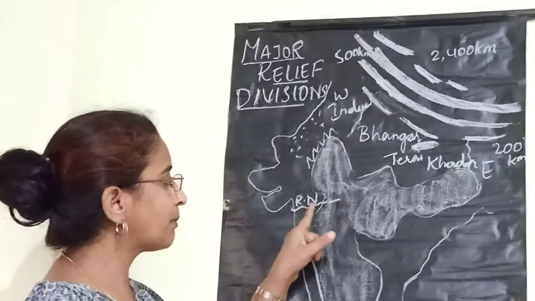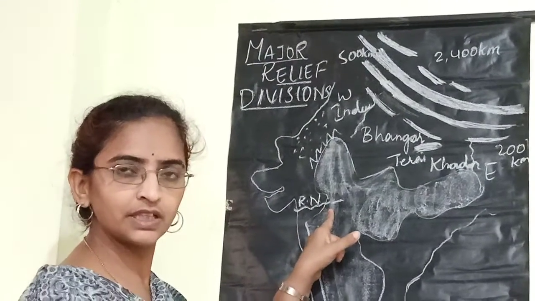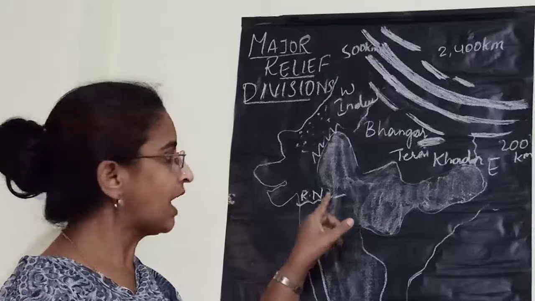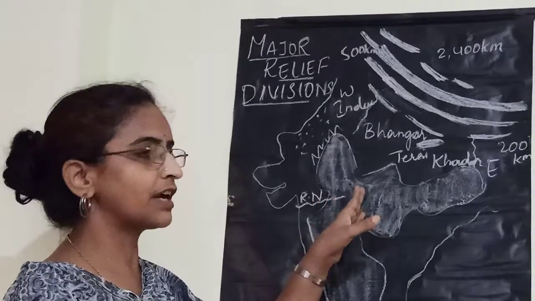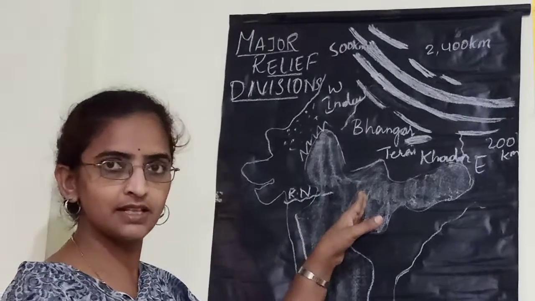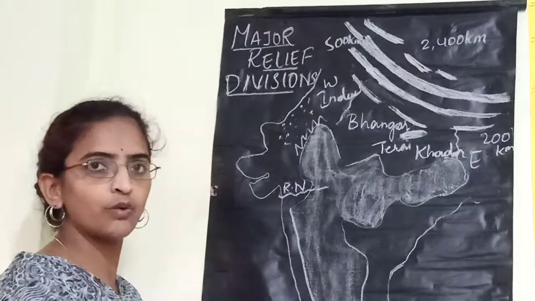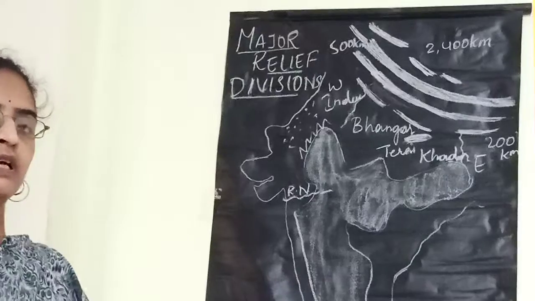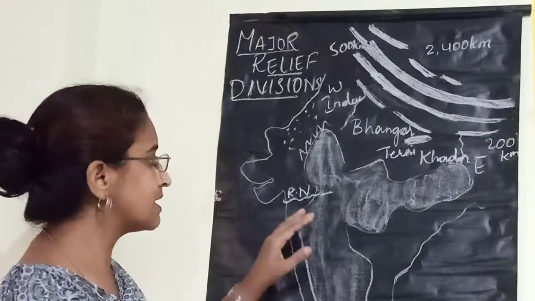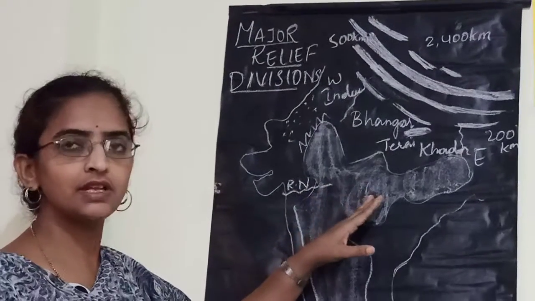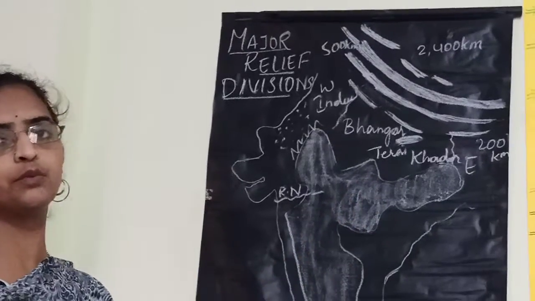The Deccan Plateau has the complete Satpura ranges, and these Satpura ranges continue with the Mahadev Hills, then Maikal and Kaimur Hills. So the north boundary of the Deccan Plateau is the Satpura ranges, Mahadev Hills, Maikal and Kaimur Hills.